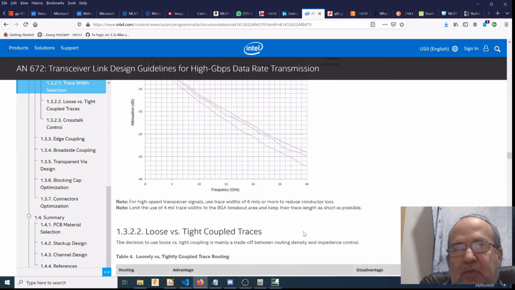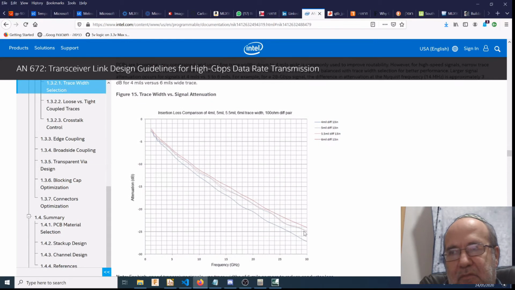Okay, and this would be your losses. Okay. One can note that the graph stops at 30 gigahertz.